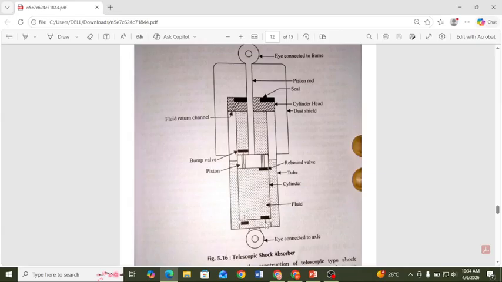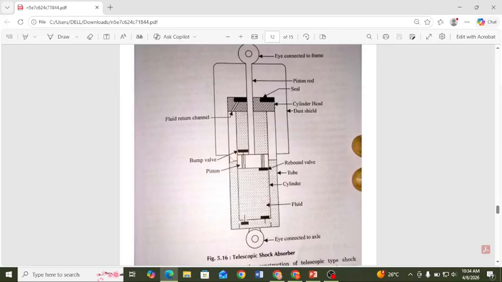Generally, the fluid fills the telescopic absorber, and the tube sits inside the cylinder.